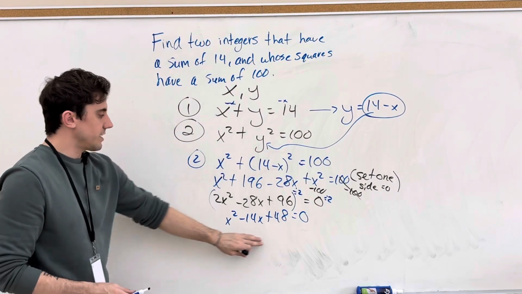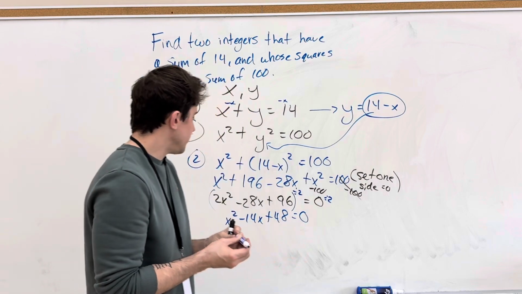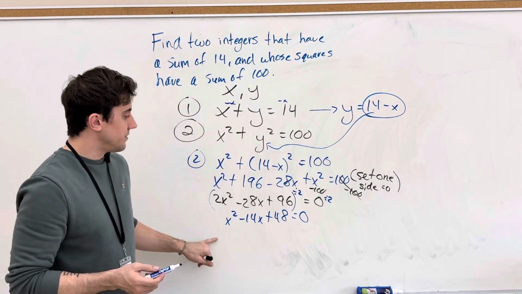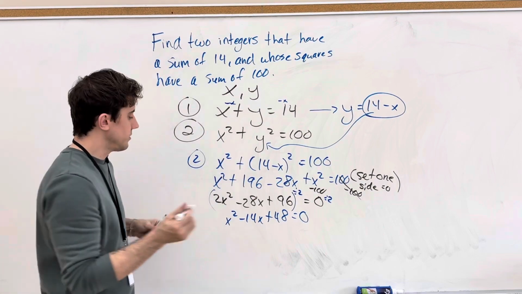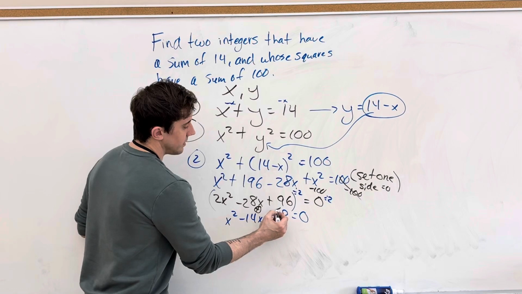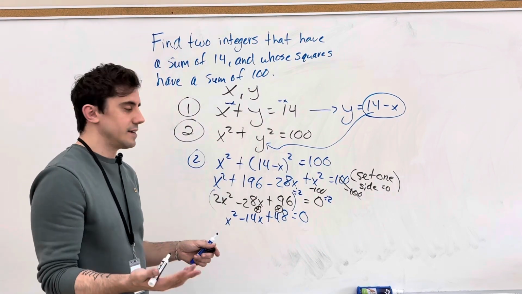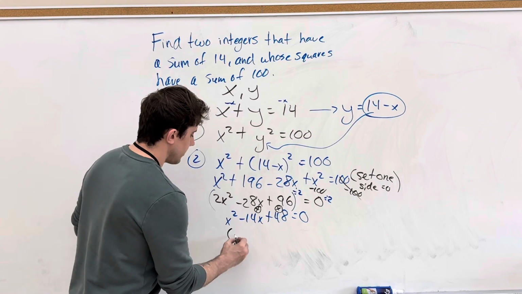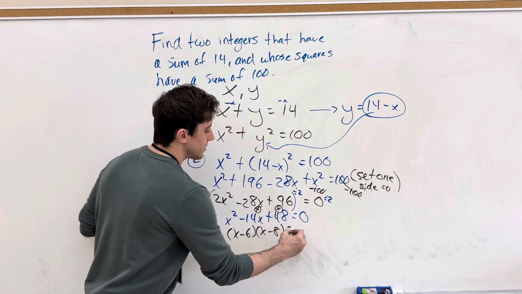This is a nice quadratic equation with an a value of 1, meaning that we don't need to use the decomposition method. We can factor this one normally. You can take a moment and think of what those numbers might be. What numbers add to make negative 14 and simultaneously multiply to make positive 48? You'll find that those numbers are negative 6 and negative 8.